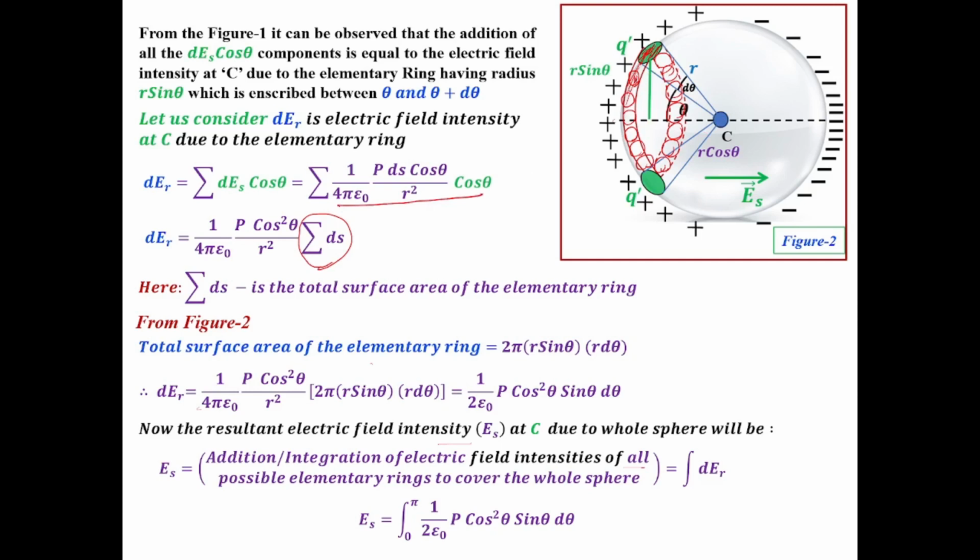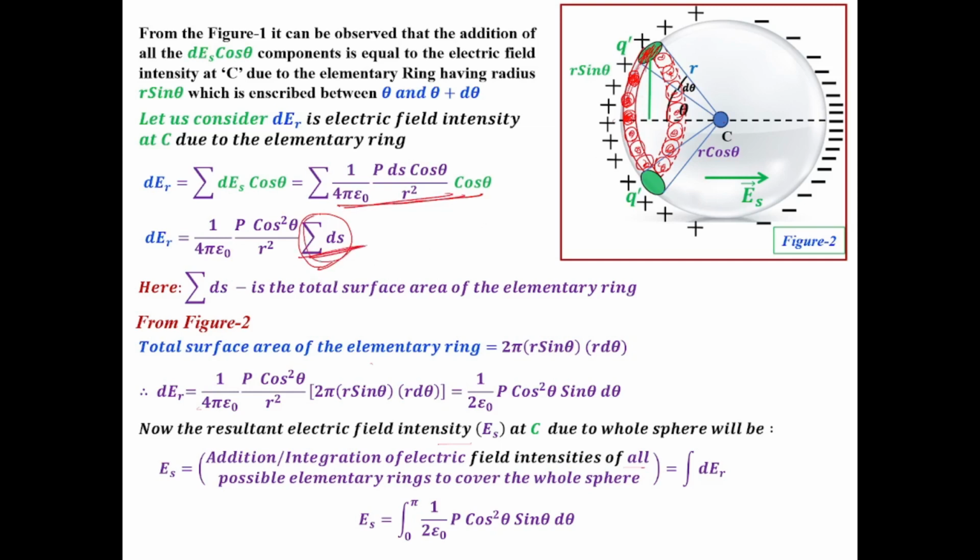If we consider all the dS on this elementary ring, then what will be the electric field intensity at C? Then I have to just add all the electric field intensity of each and every individual dS. So for one dS it is this value, then for all we have to add it.